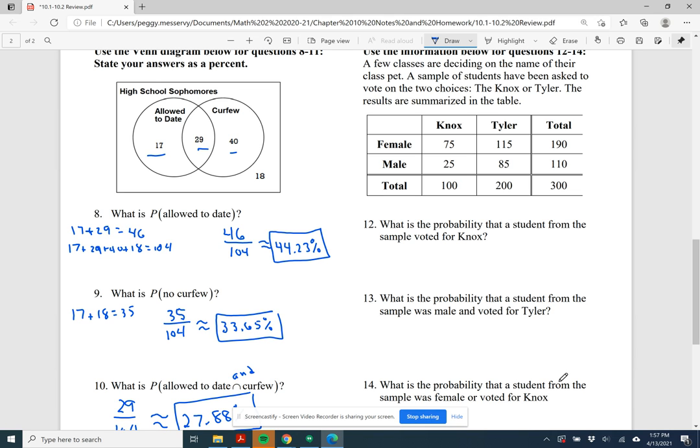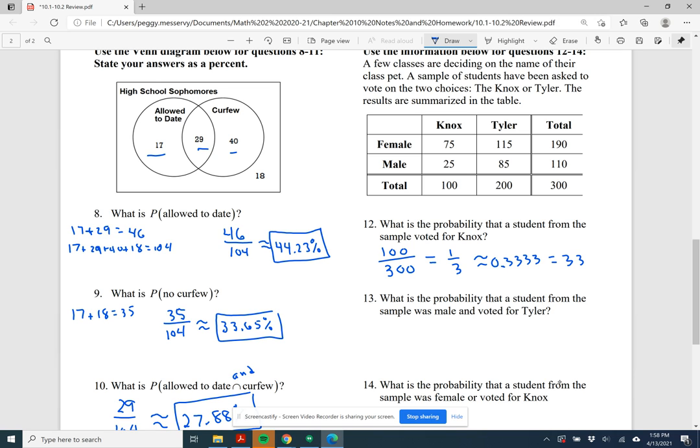What is the probability the student from the sample voted for Knox? So, out of the total students, 100 of them voted for Knox, so the probability is going to be 100 out of the total 300. 100 favorable outcomes over the 300 total outcomes. That we can reduce to a 1/3. If we need a percent or a decimal, we can do that. If we need a decimal, it's 0.3333.